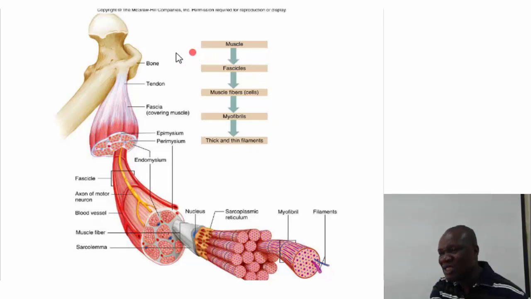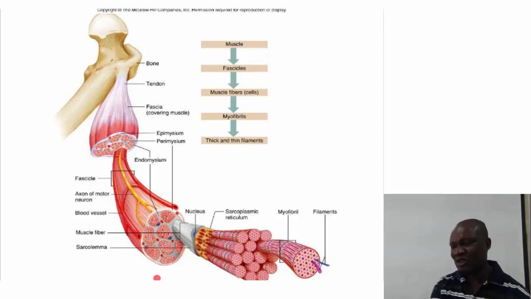So, structurally, that's how the skeletal muscle looks like. So, we have the muscle, which is made up of fascicles, and the fascicles are made up of muscle cells or fibers. The muscle fibers are made up of myofibrils, and the myofibrils are made up of myofilaments.